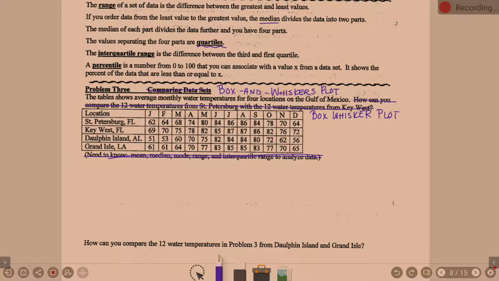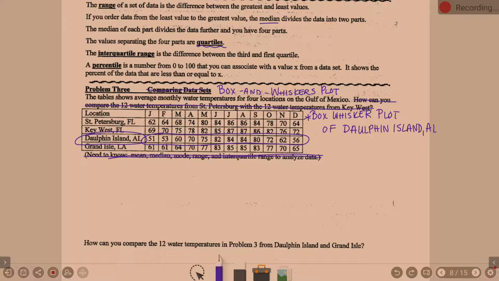I think the one I liked earlier, I was going to do Dauphin Island. We're going to do a box and whisker plot of Dauphin Island, Alabama. Okay? That's our plan. So if you look at this later and say, what were we doing? Mrs. Sargent changing everything up.